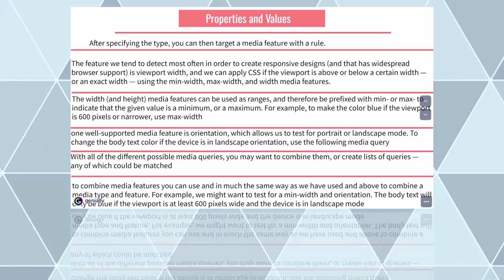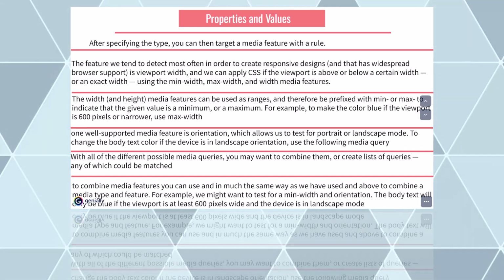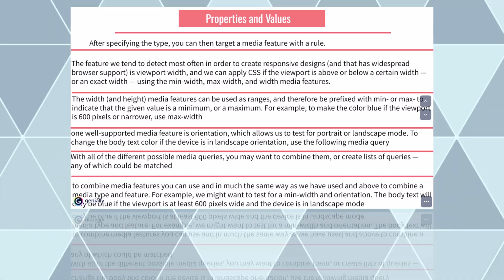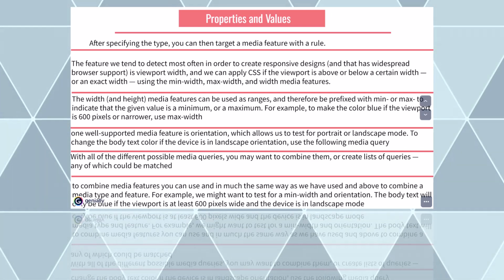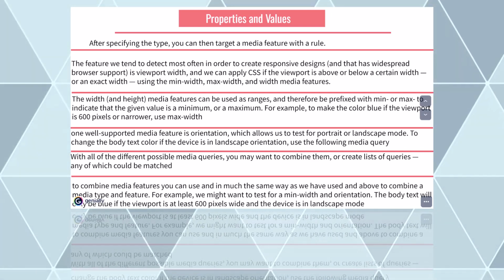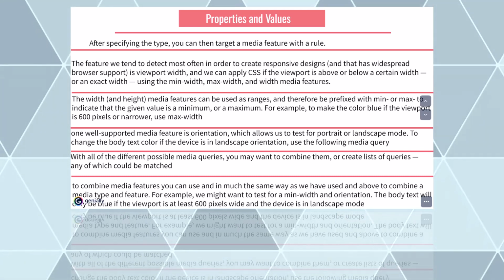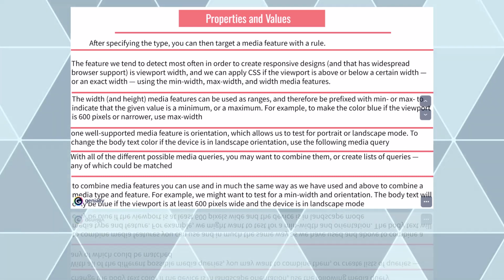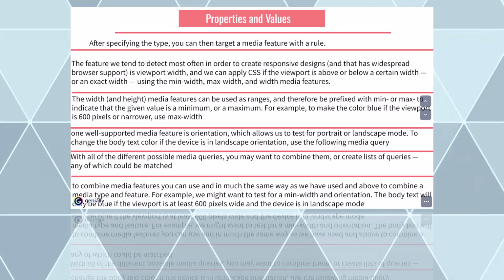Can you press Control Shift again? The inspector only shows them. Control Shift, which is all you can select here, and go to inspect.